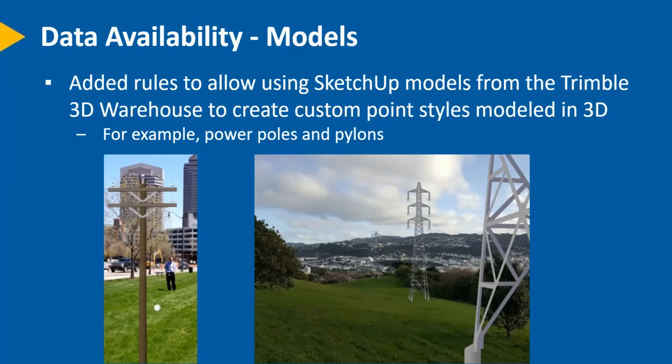And anytime that feature shows up in the augmented reality view, it calls up that model and displays it. So you now have power poles or hydrants or manholes that look like manholes and fire hydrants and power poles to give added context to the augmented reality experience.